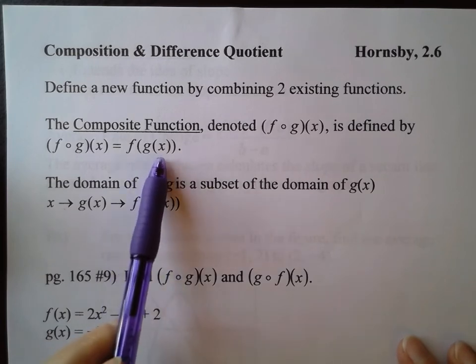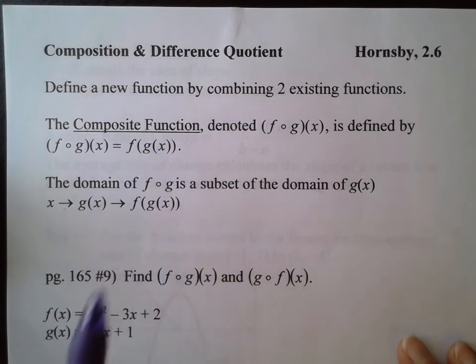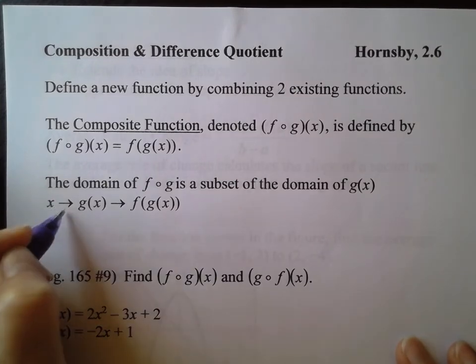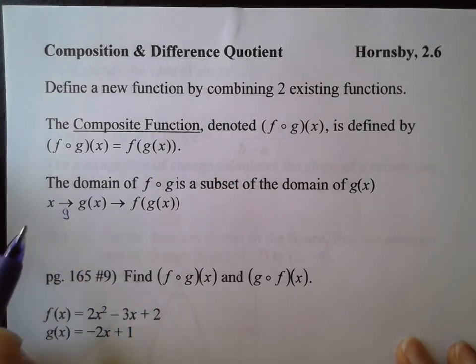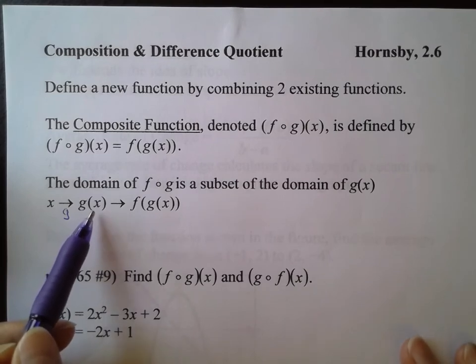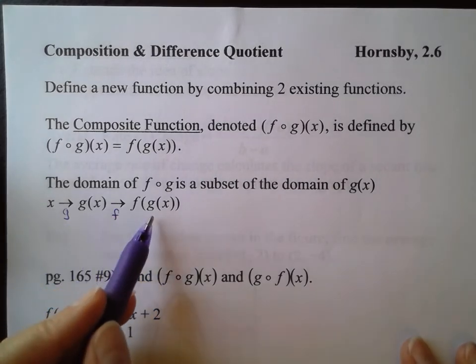So if you think of plugging a number in here for x, I would need to work from the inside out. I would plug a number in here, and then I would take that number and plug it into the function g and get g of x out as a result.